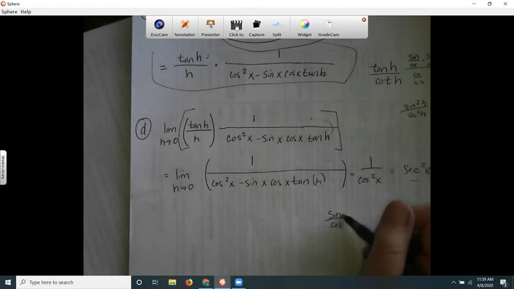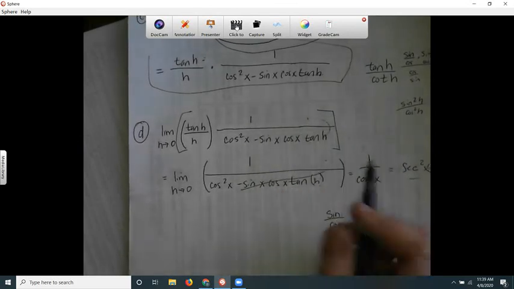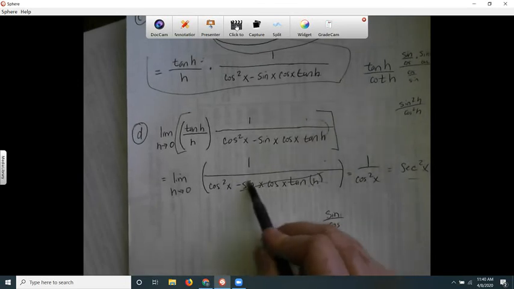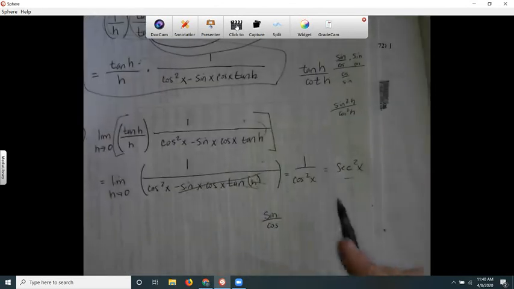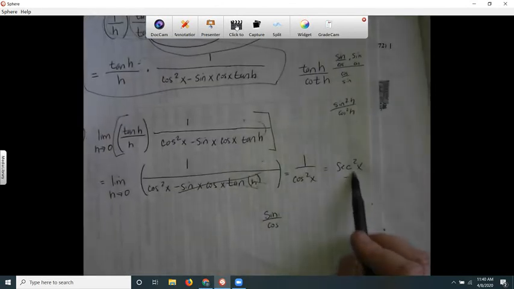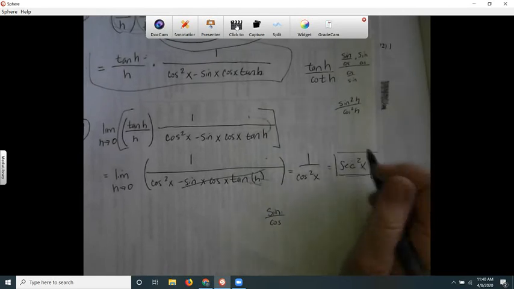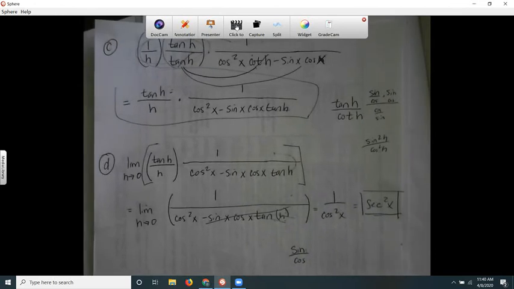Sine of 0 is 0, so that actually kills this whole piece right here, because it's 0 times cosine times sine. So that whole piece goes away, and then I have 1 over cosine squared x. And 1 over cosine squared x actually is equal to secant squared x. So that is some pretty gnarly algebra for you. And that's it.